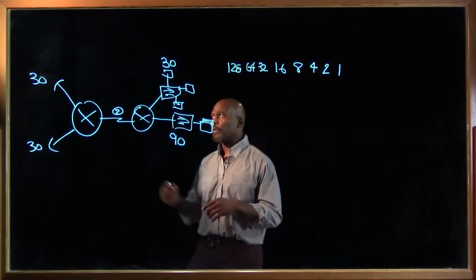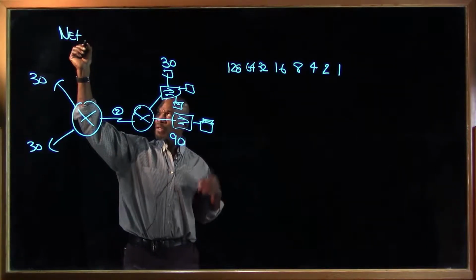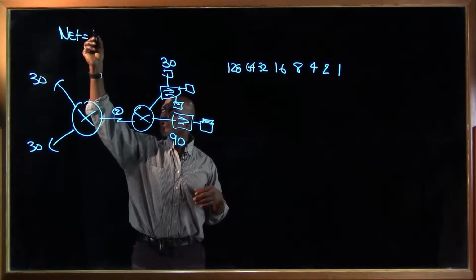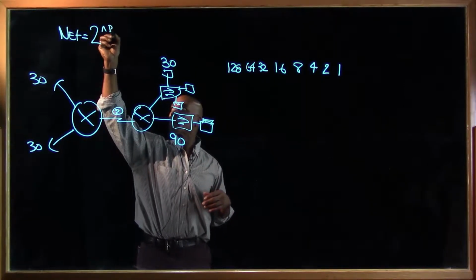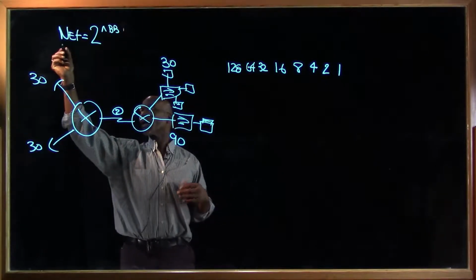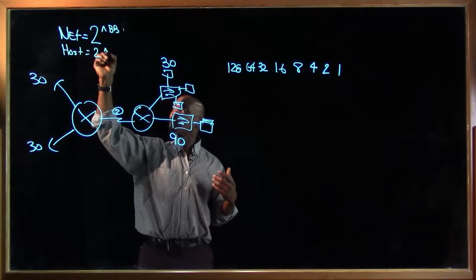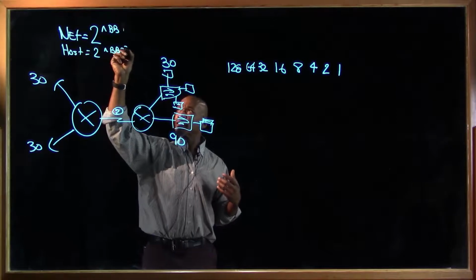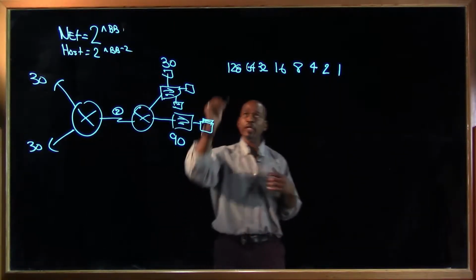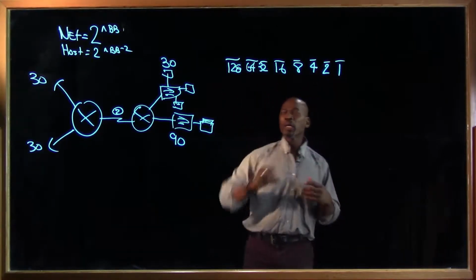If I'm trying to figure out how many networks I need, and these are hosts, networks equals 2 raised to the power of bits borrowed, and that's it. Then hosts equals 2 raised to the power of bits borrowed, minus 2. I'm going to explain that minus 2 a little later, but for now all you have to do is be able to count in binary.